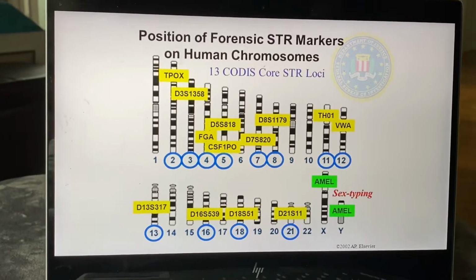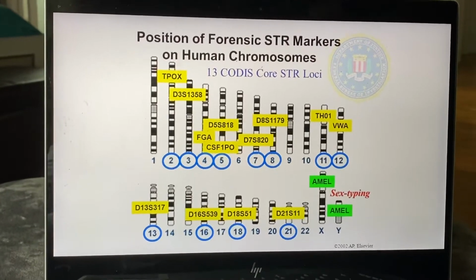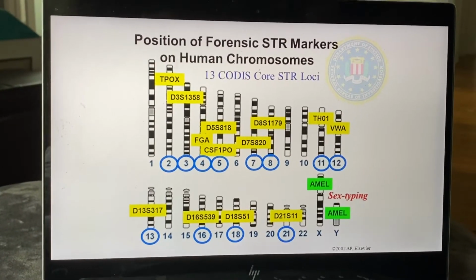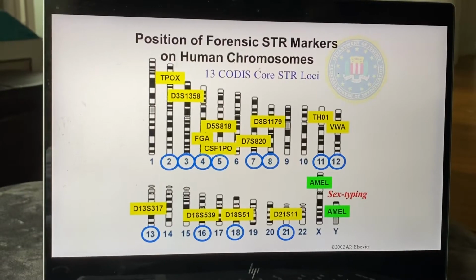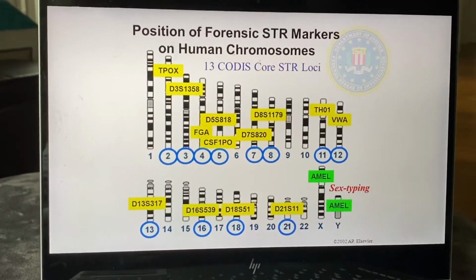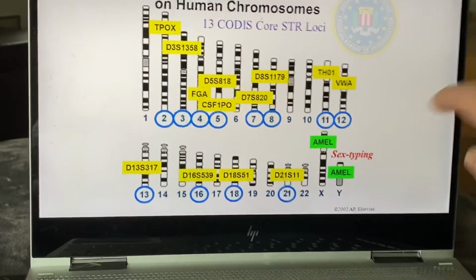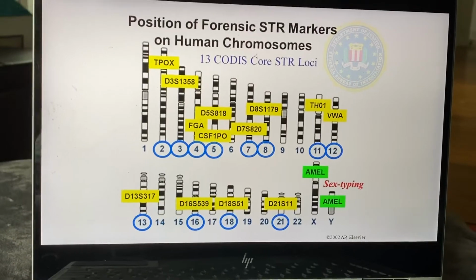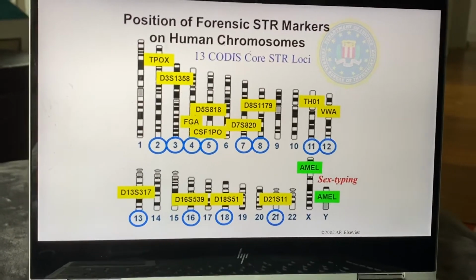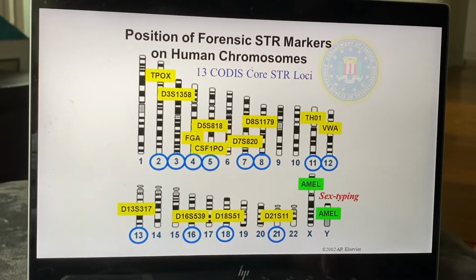The forensic DNA type you have on chromosome 8 has no bearing whatsoever on the marker you have on chromosome number 2, and so on. The last thing I want to point out is amylogenin, and that's where we get our gender marker. That will tell you whether the sample originated from a male or a female.